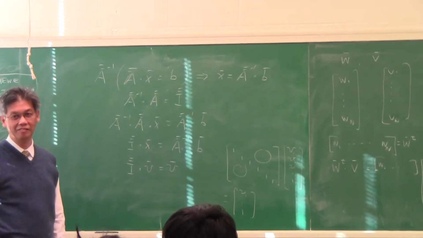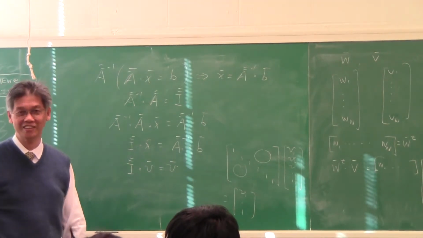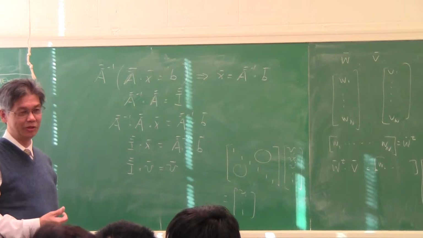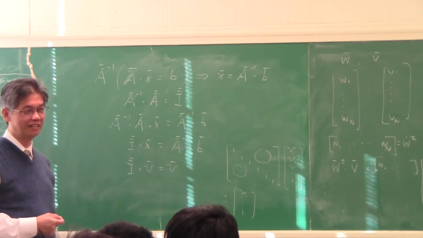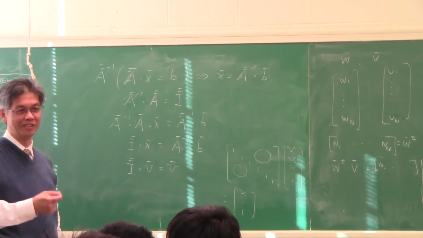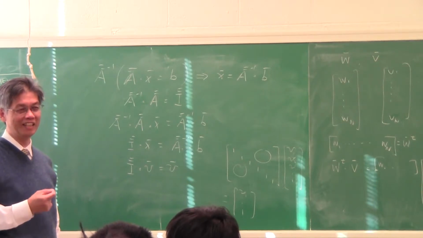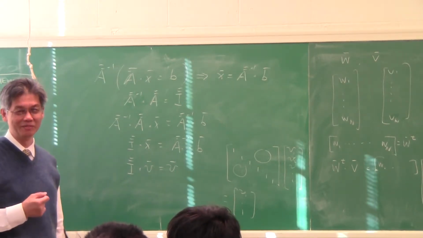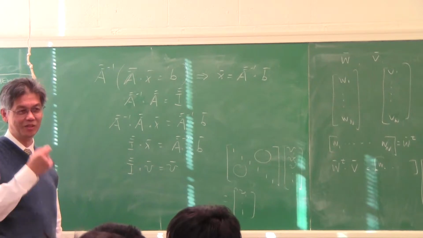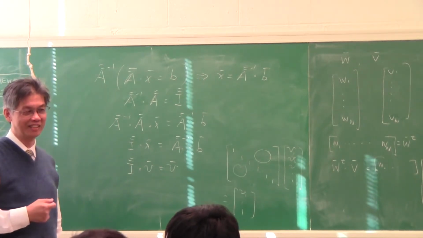Then finding A inverse is a long story. How do you find it? For 2 by 2 matrices, most of you can do it by hand. For 3 by 3, most of you can still do it by hand. For 10 by 10, don't do it by hand anymore. Use MATLAB, a computer program, or something.